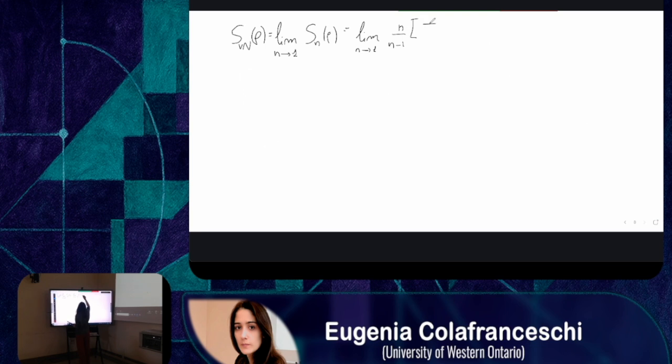So I have the action for a single slice minus the action for the n equal 1 saddle.